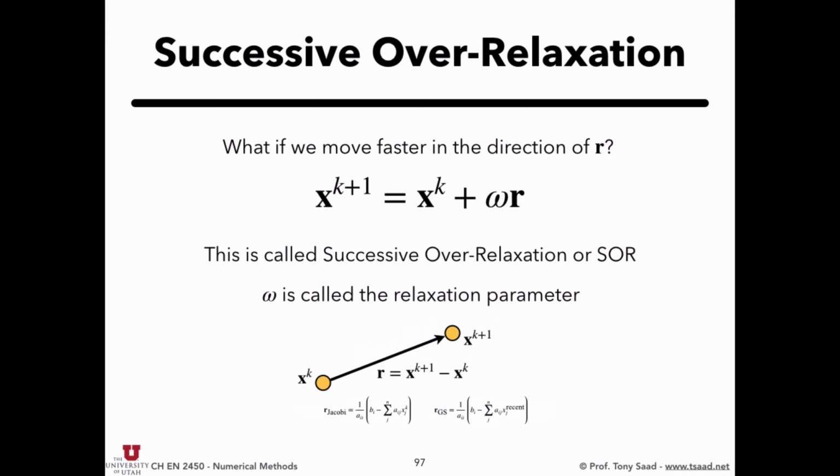If you put omega equal 1, you get Gauss-Seidel. And as you approach 2, well, 1.99999, we get to Gauss-Seidel again, okay? But anything in between, it's better than Gauss-Seidel.